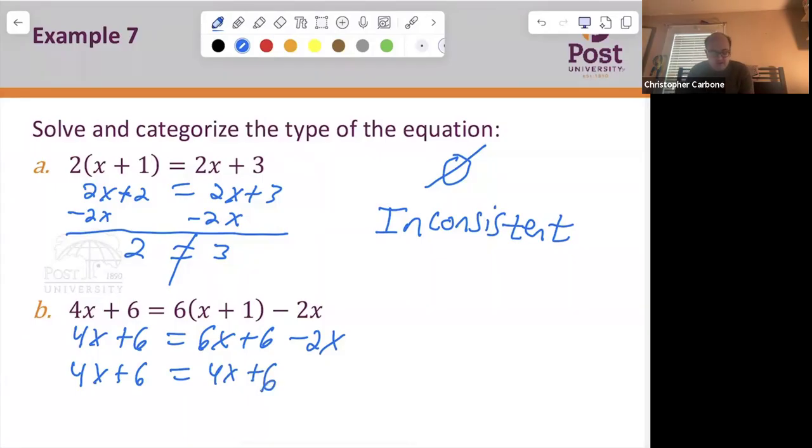These two are equal. We could try to go further with this, but we'll still have an equality. So this one's an all real number solution, negative infinity to positive infinity, and this would be an identity.